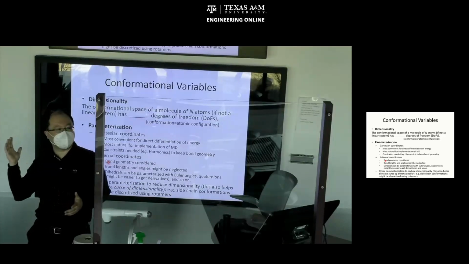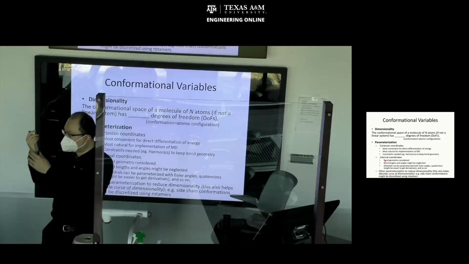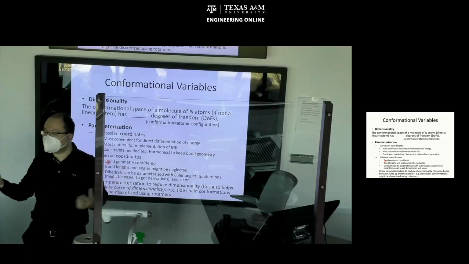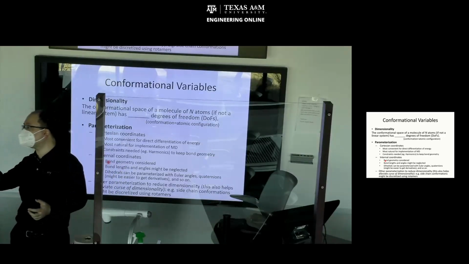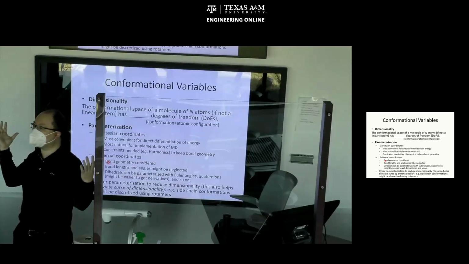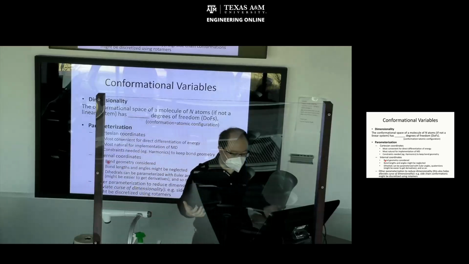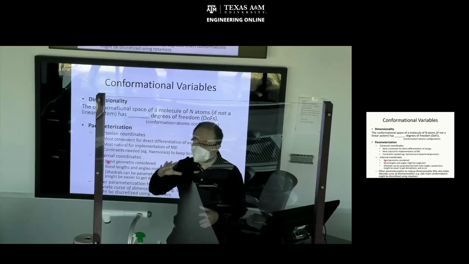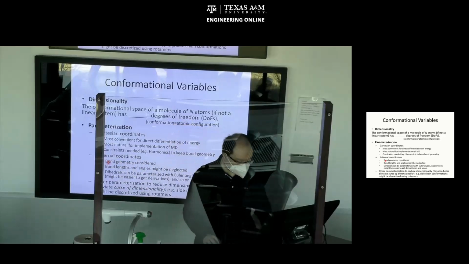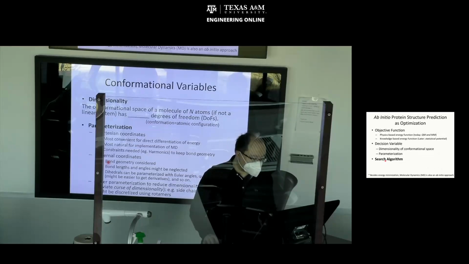Actually, that is good because you don't consider all these atoms or joints separately. You consider them collectively, isn't it? Because every snapshot is reflecting a collective motion of all atoms of the body. So that's what the discretization is doing in the case of the sidechain, okay? So it's like different snapshots or different combinations of torsional angles, which are observed statistically or calculated. So these are the conformational variables.